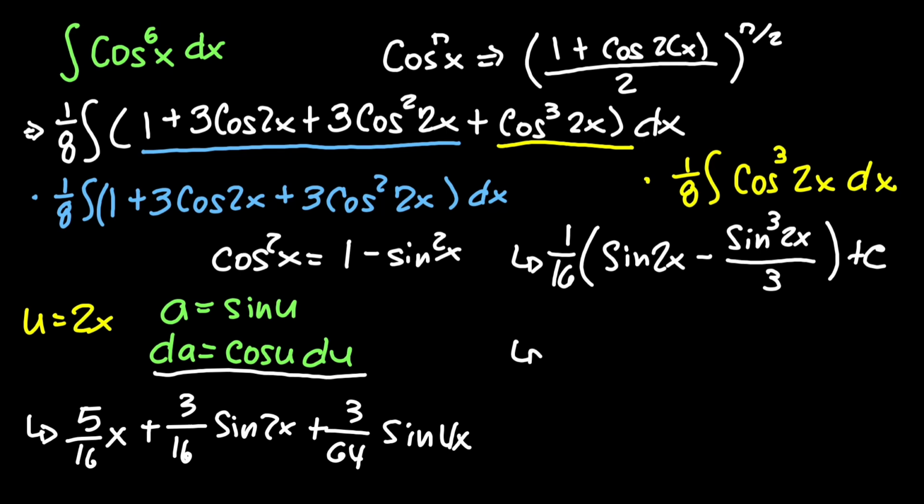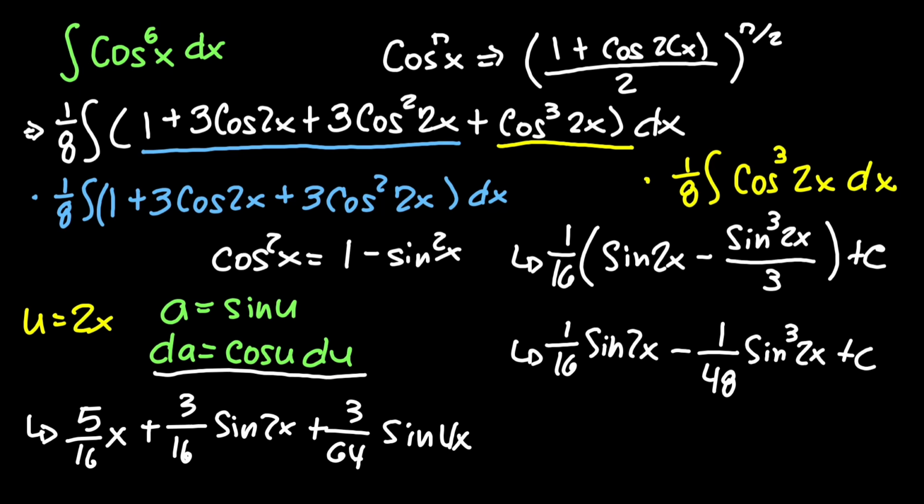And so the final answer for this particular integral would be equal to 1 over 16 sine of 2x minus 1 over 16 times 3, which would be 48, sine cube of 2x plus c.